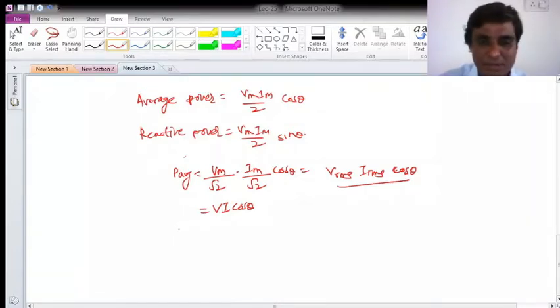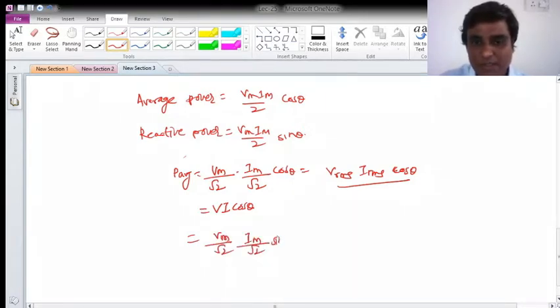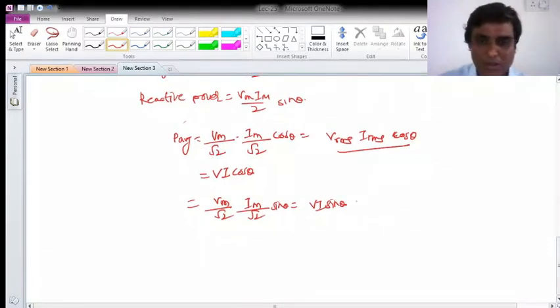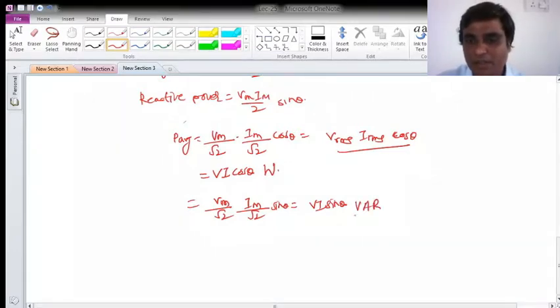Similarly for reactive power, Vm by root 2, Im by root 2 into sin theta, so this will again be VI sin theta. And the unit of average power will be watt, and for reactive power it will be VAR, that is volt ampere reactive, to discriminate the active power and the reactive power.